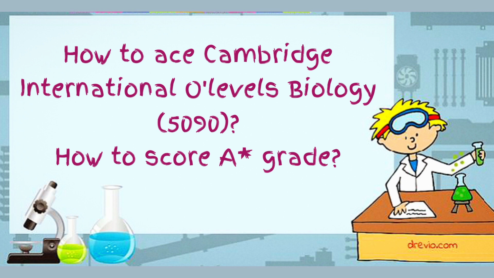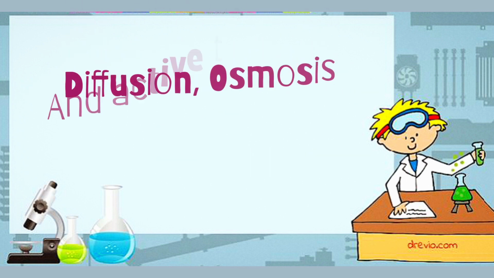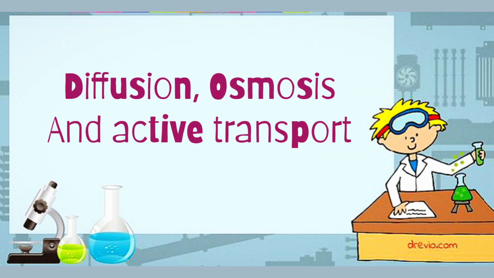Basically, the first thing you need to learn is that the first or second chapter of your biology book is osmosis, diffusion, and active transport. Why are these very essential terminologies in biology? They help you not only in this subject but also in other subjects such as chemistry.